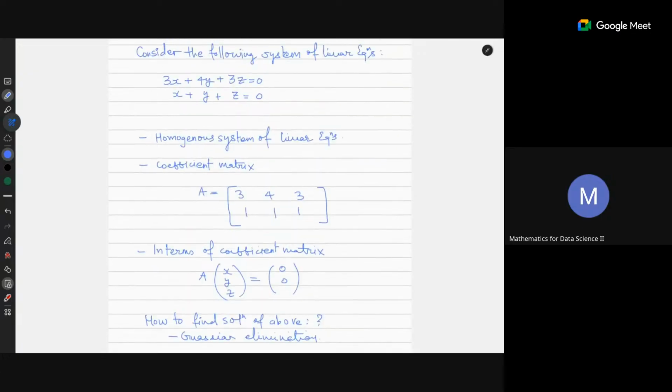Now we have seen methods. What are the methods that we have seen? We have seen Gaussian elimination. All right. So how does Gaussian elimination work? You have a system of equations. You write down the augmented matrix, and then you perform row reductions. Now, what row reductions are allowed?